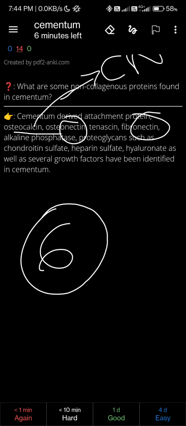As well as several growth factors that have been identified in cementum. So the non-collagenous proteins are cementum derived attachment protein, osteocalcin, osteonectin, fibronectin, tenascin, and alkaline phosphatase.